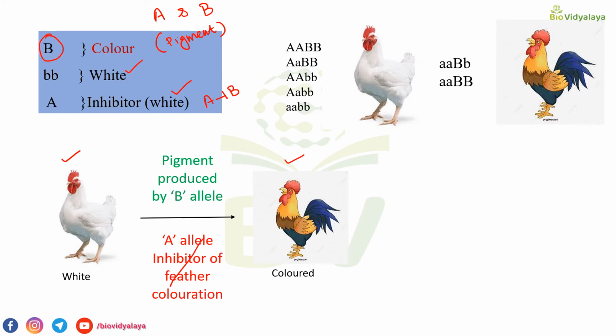If there is no capital A allele or the dominant form of the gene A, then this dominant form of the gene B can express. So the dominant form of the gene B can express only when there is no dominant form of the gene A, and that results in pigment formation.